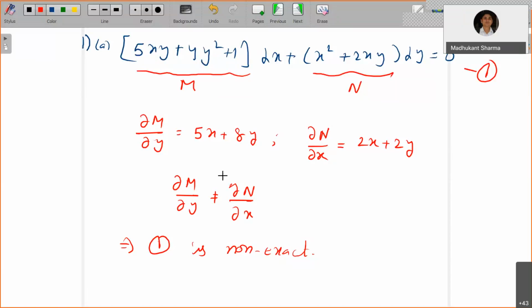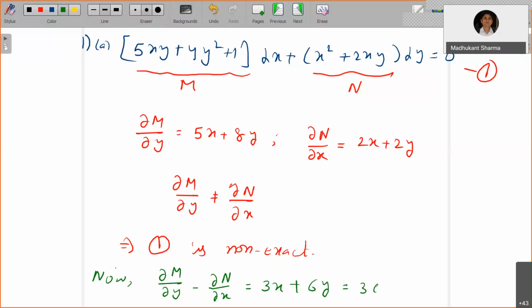Straightforward. Now what you can look at is the difference, dou M by dou y minus dou N by dou x. So this minus this: 5x minus 2x is 3x, 8y minus 2y is 6y.